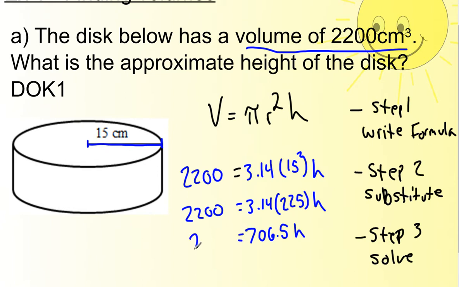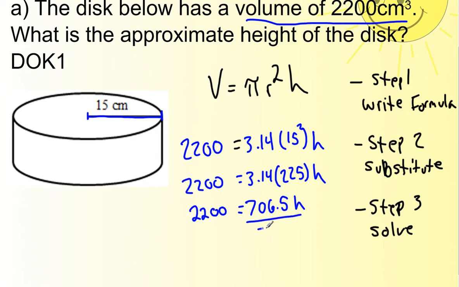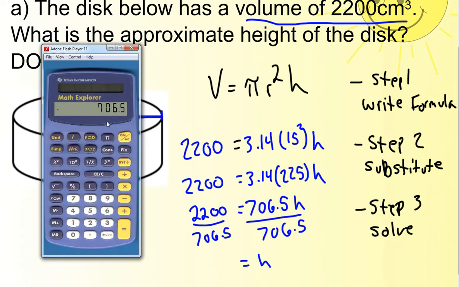H equals 2200. Okay, we've simplified. Now we're getting the variable by itself. So we're going to divide both sides by 706.5. And those cancel out, and we get h equals 2200 divided by 706.5 equals 3.11.